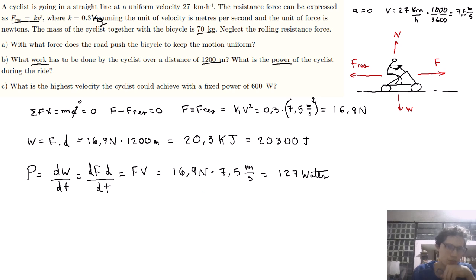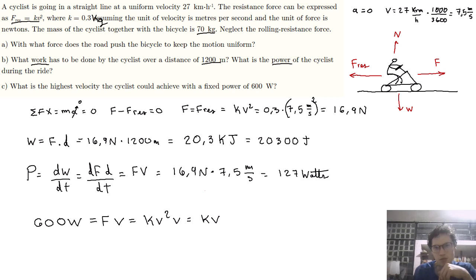Then the next question is, what is the highest velocity the cyclist could achieve with a fixed power of 600 watts? We can use the formula. We know the power is 600 watts, and that is equal to a force times a velocity. But the force is equal to k times velocity squared. So we have k times velocity squared times velocity. That is k times velocity to the cube.